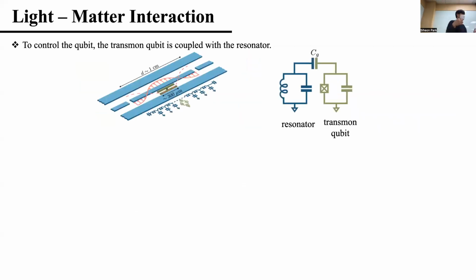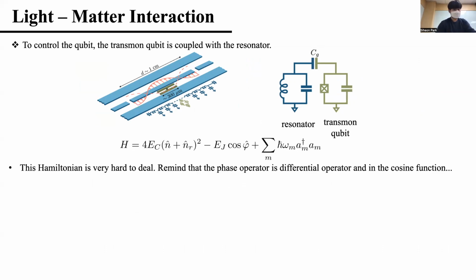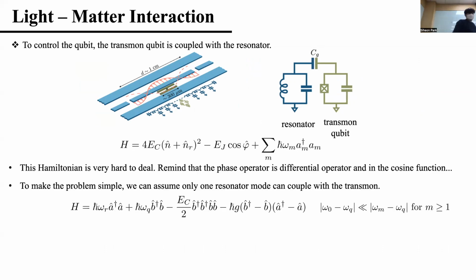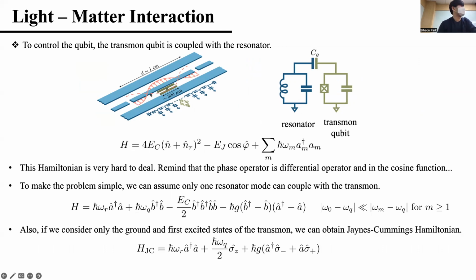So I will show you how to control the qubit. There's a circuit. It has a role like a cavity, and there's the transmon qubit. The transmon qubit and the circuit can have an interaction.